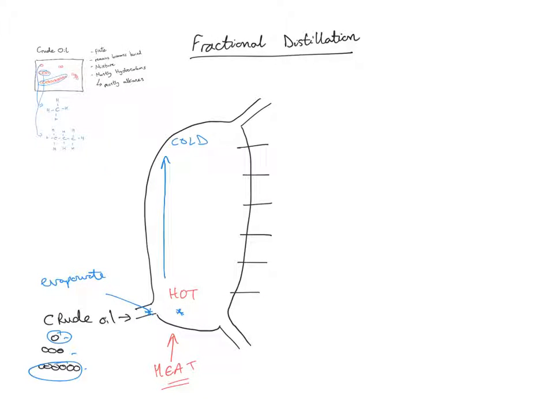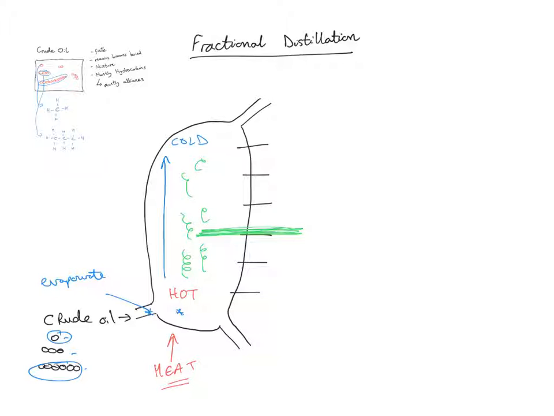So what happens is, when the crude oil evaporates, and you get different vapours evaporating off, they condense. That means they turn back from a gas to a liquid at a certain temperature. So a medium length carbon chain will condense around the middle of the fractionating column, where it's a medium temperature.